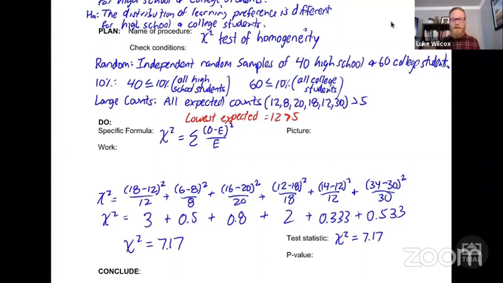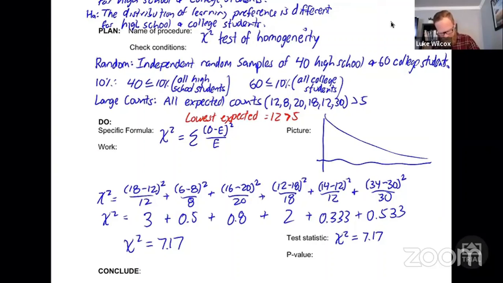Okay, now that we have our test statistic, we should be able to calculate our p-value. So let's go back to the picture up here. We talked about the chi-squared distribution yesterday. This particular chi-squared distribution has 2 degrees of freedom, so it's actually going to look like this. Remember, the chi-squared distribution starts at 0. You can't have a negative chi-squared value, and it is skewed to the right.